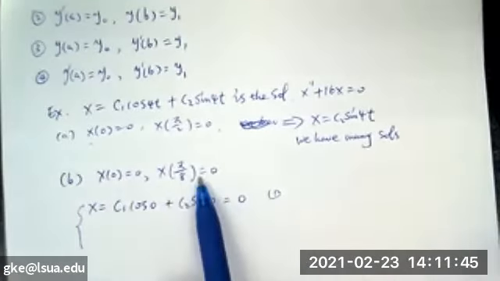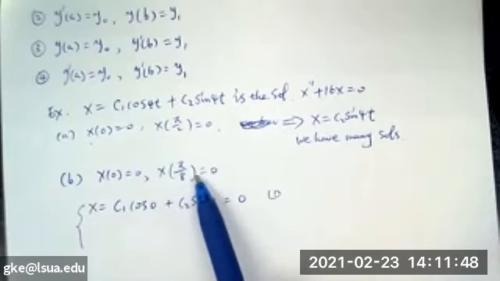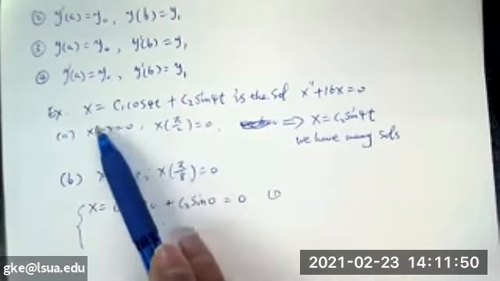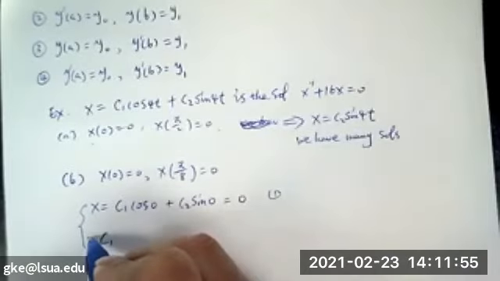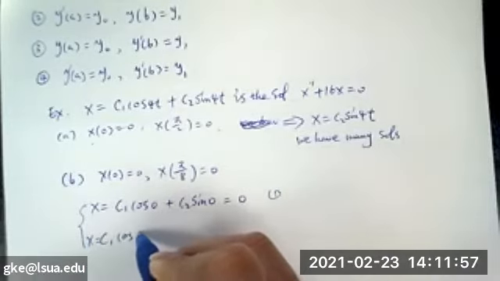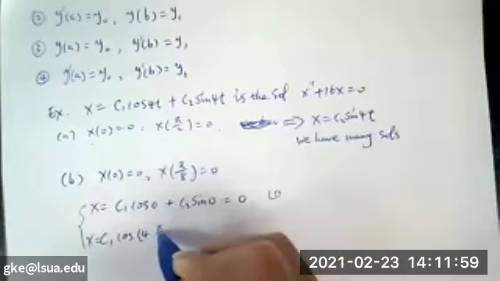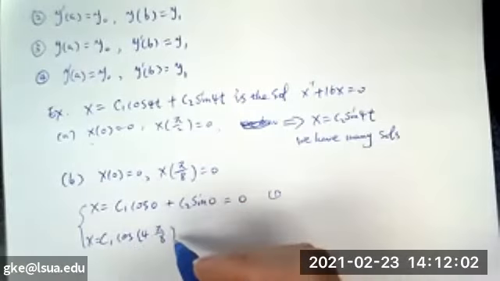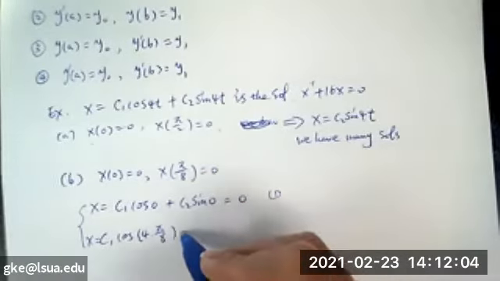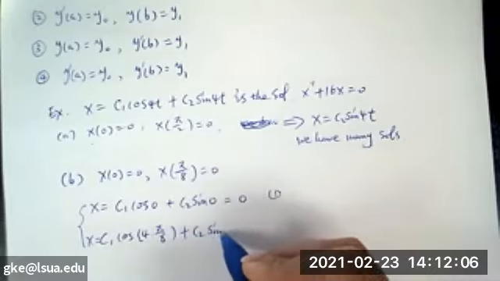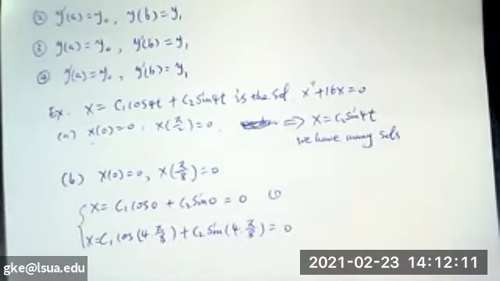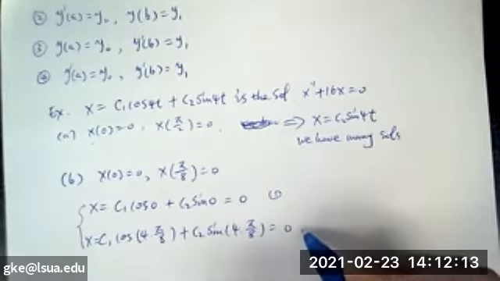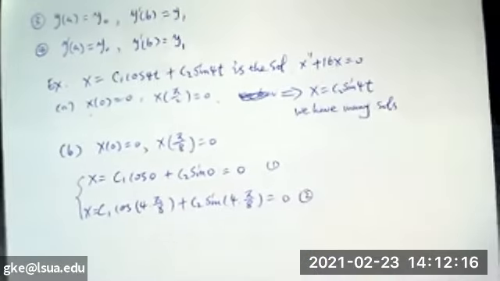And the second condition gonna be what? When t equals pi over 8 and x equals 0. So we can plug in C1 cosine 4 times pi over 8 plus C2 sine 4 times pi over 8. And this gives us 0. Very good.